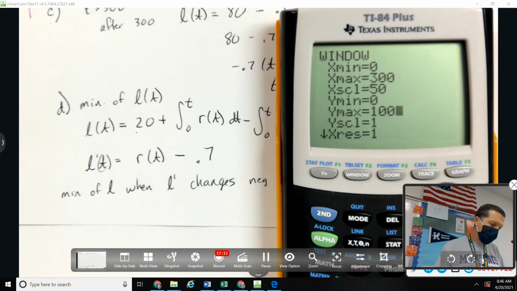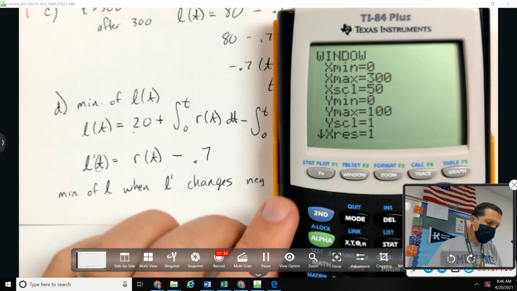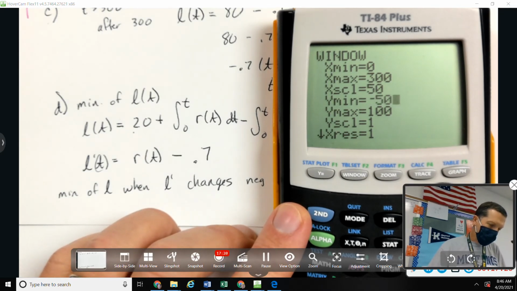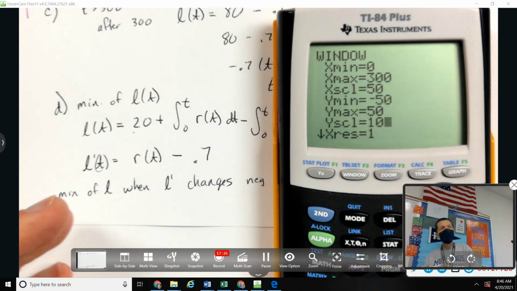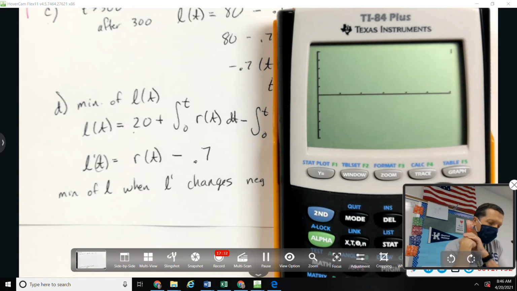Oh, wait a minute. I'm thinking the wrong thing. I'm looking for where it changes negative to positive. So I need to see the 0. So I'm going to go negative 50 to 50. And who knows if this is a good scale or not. I know the X scale is right because I've got to look 0 to 300. Y scale, I don't know. This is a guess. It may not be a good one.